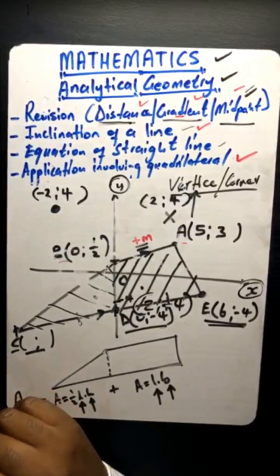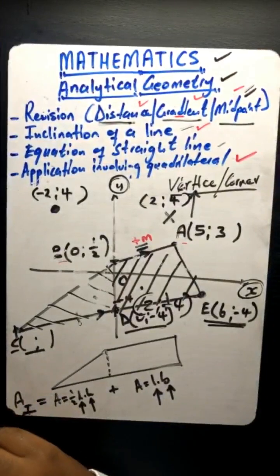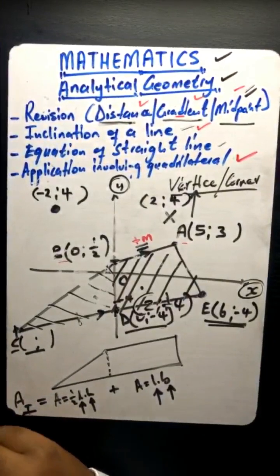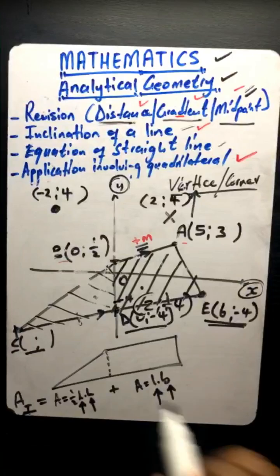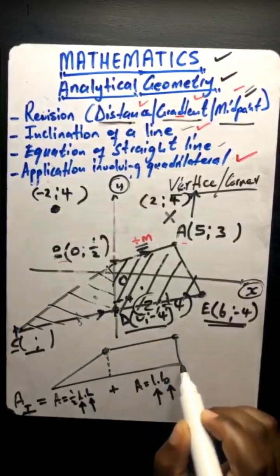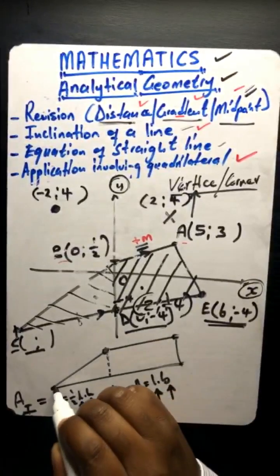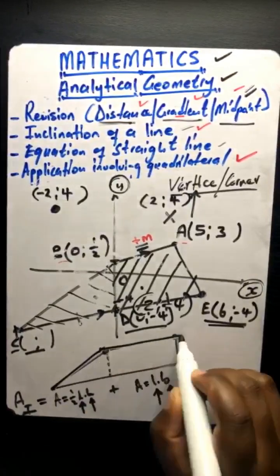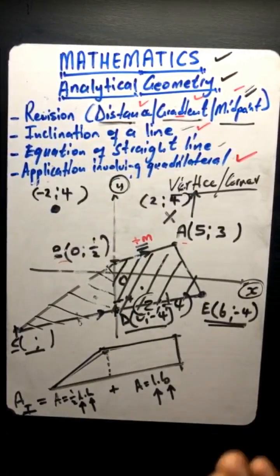Calculate the perimeter of triangle KEC. If you don't know what a perimeter is, you are in trouble. A perimeter means the length of this side, you plus it with the length of this side, you plus it with the length of that side, you plus it. So perimeter is length 1 plus length 2 plus length 3 plus length 4. An answer that you get is the perimeter.